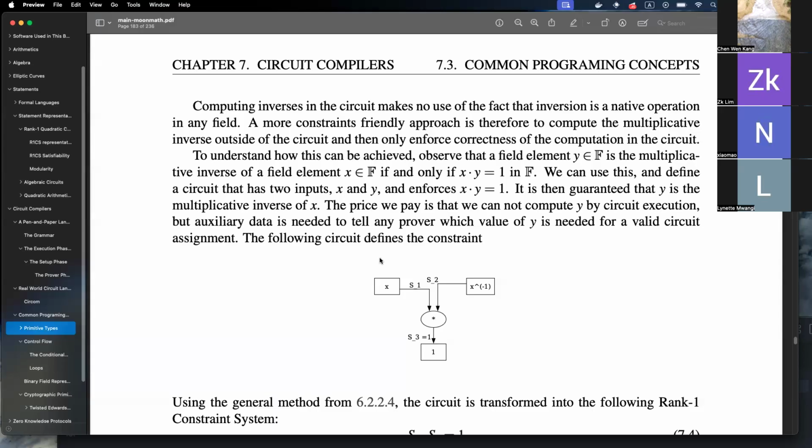But in general, it will be plugged into the check itself. So it's part of checking the proof itself. So it will be included in the equation itself.